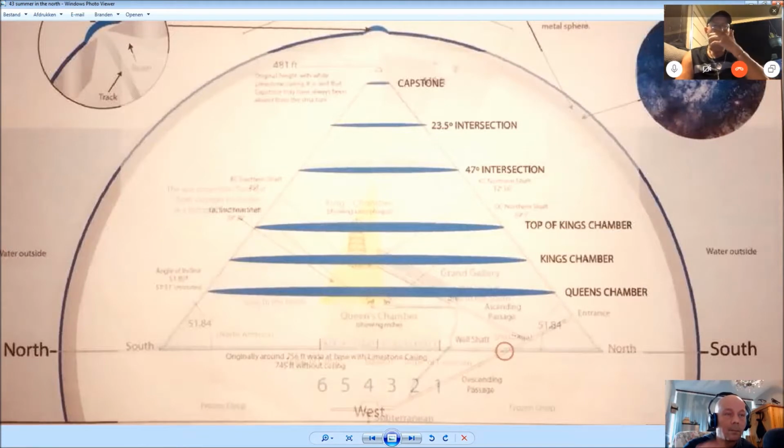And this one's another one, and he just went with the Giza pyramid, and as you can see, the capstone, 23.3 intersection, 47% intersection, top of the King's Chamber, Queen's Chamber.